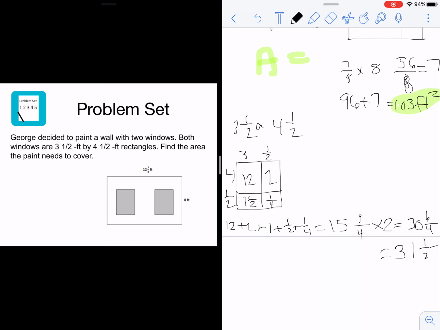I'm going to move this over, which equals 31 1/2 feet squared. So now we have the area of the windows. Area windows equals 31 1/2 feet. So this was the area of the wall.